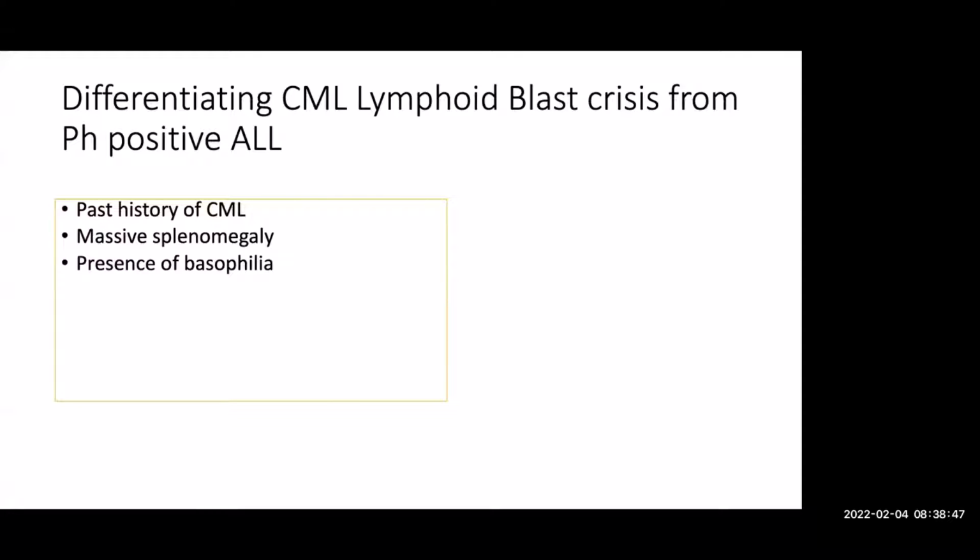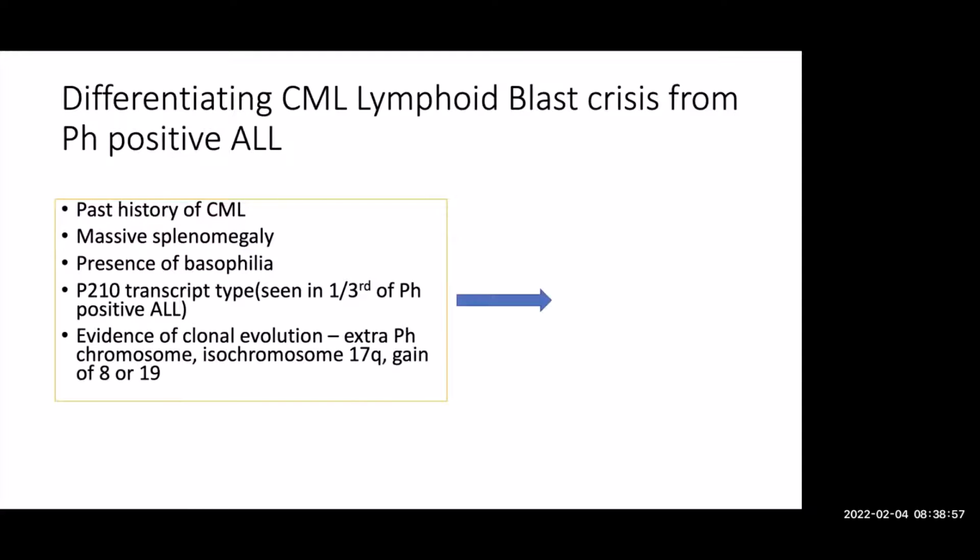Presence of basophilia in the peripheral smear or the bone marrow smear. P210 transcript presence, which is more commonly associated with CML, and evidence of clonal evolution. So please note, presence of P210 transcript does not make it CML blast crisis. One third of the patients with pH positive ALL still can have P210 transcript. So all these factors would favor a diagnosis of CML lymphoid blast crisis.